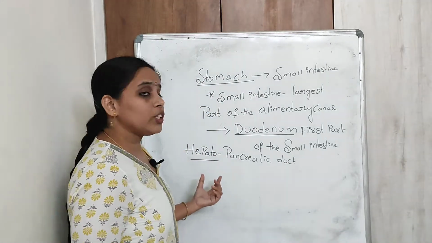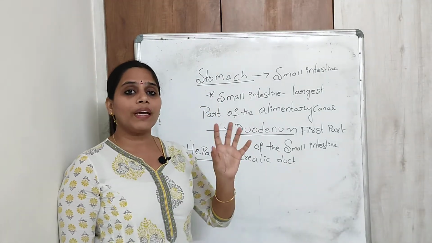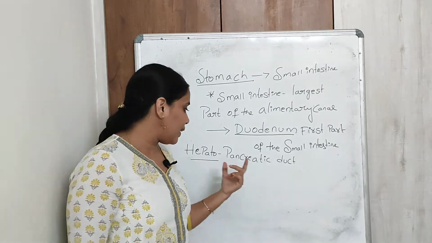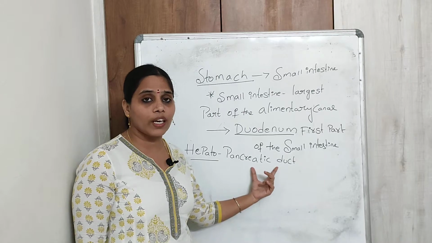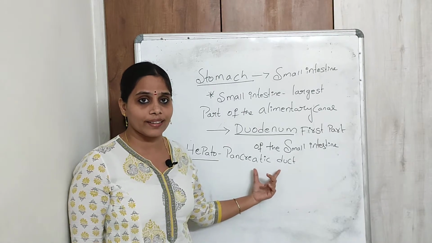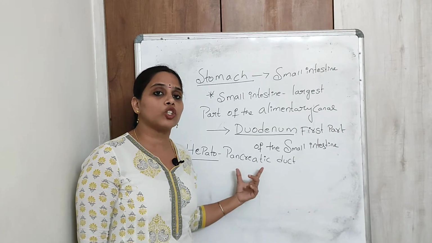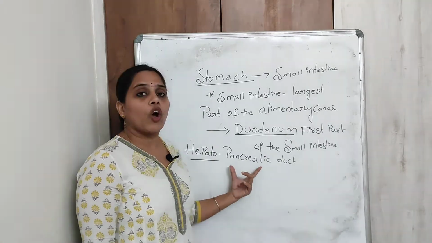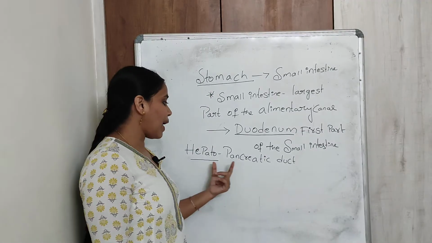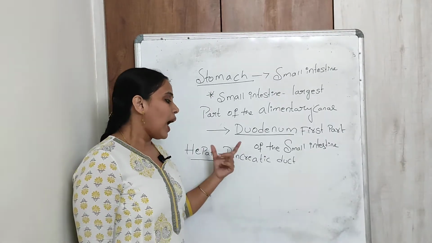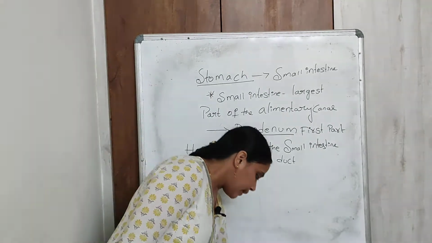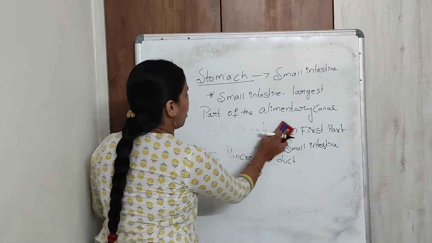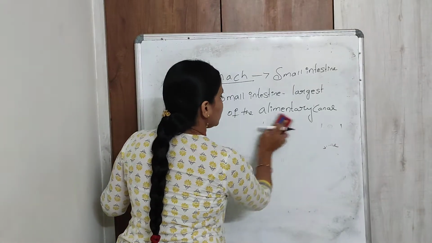The secretions from the liver enter a duct called the hepatic duct, and the secretions of the pancreas enter the pancreatic duct. These two ducts join and form a common duct known as the hepatopancreatic duct, and this duct opens into the duodenum.